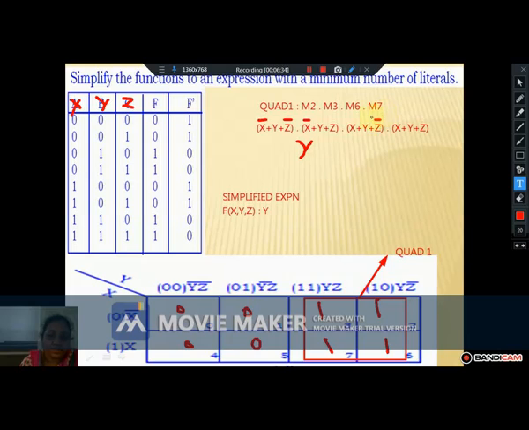So let us do the same for f dash. So here we have f dash 1 1 0 0, that is m0, m1, and this is 3, 4, 5 and 6. So let's do the expression for the max terms.